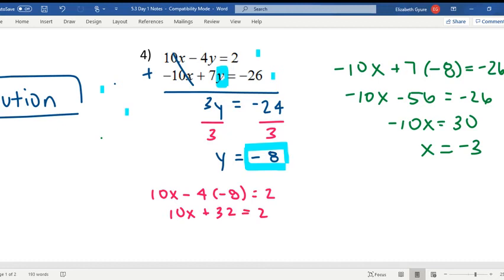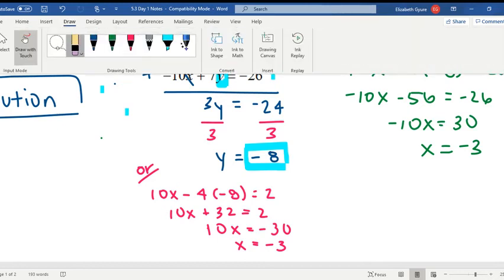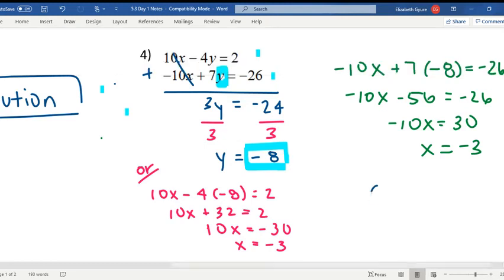You would have subtracted over your 32 to get 10x equals negative 30, and then divide, and you should still get negative 3. So shouldn't you get the same thing no matter which one you pick? Yeah, shouldn't matter. Okay, so your final answer is the coordinate point, negative 3, negative 8.